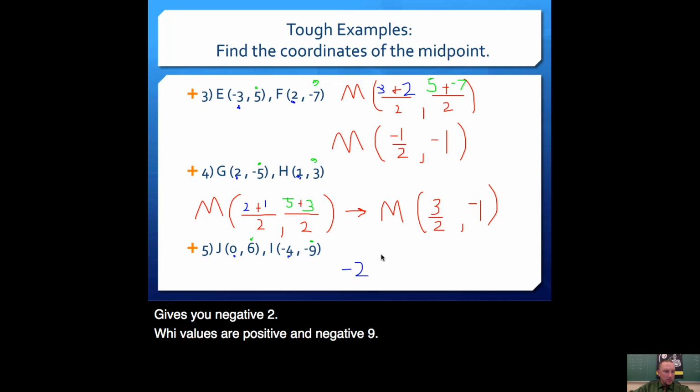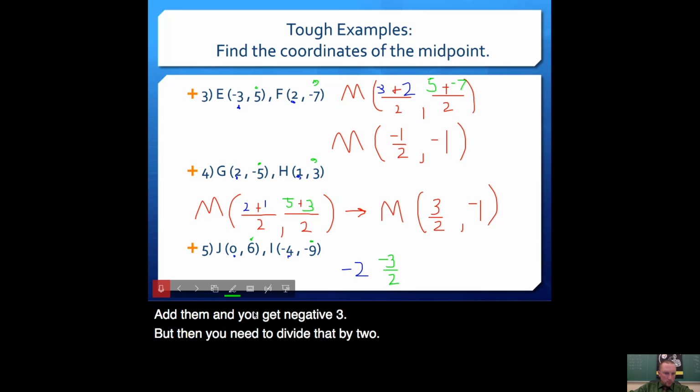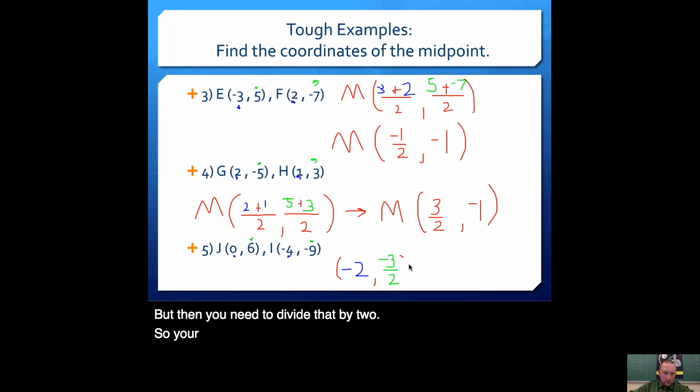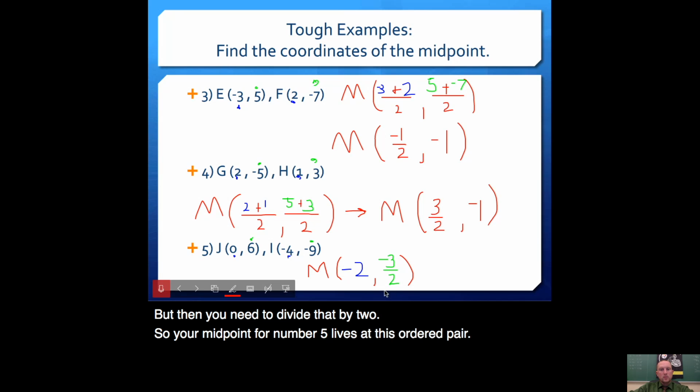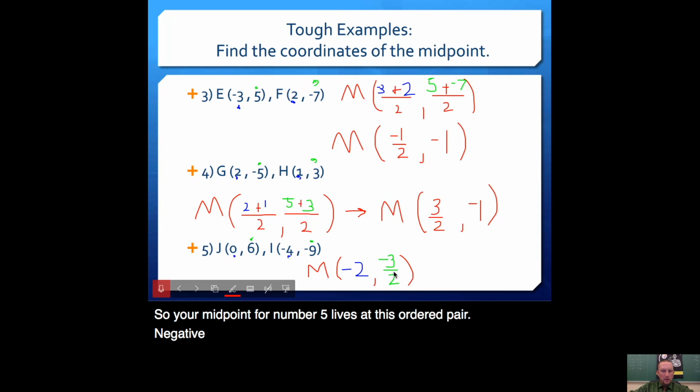Add them and you get -3. But then you need to divide that by 2. So your midpoint for number 5 lives at this ordered pair. -2, -3/2.